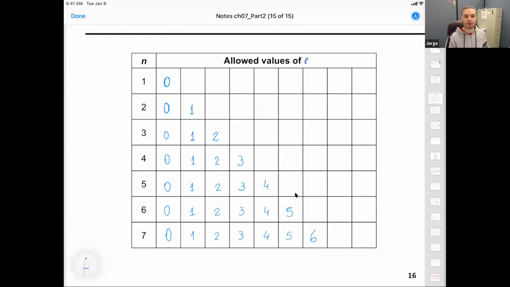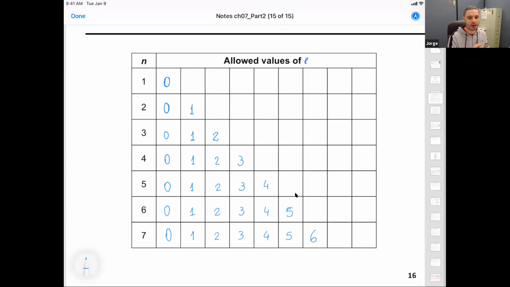Okay, so the higher the number of n, the more values of L are possible. And remember that n is basically the number of the shell. If you think about it, the first shell is very close to the nucleus and can have only one value of L. What does that tell you about the number of electrons that can populate this shell?